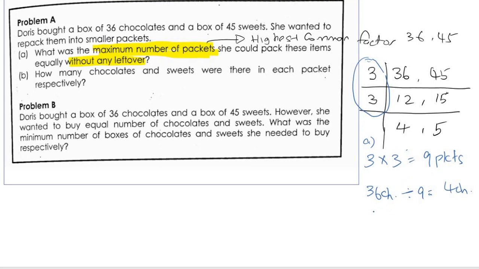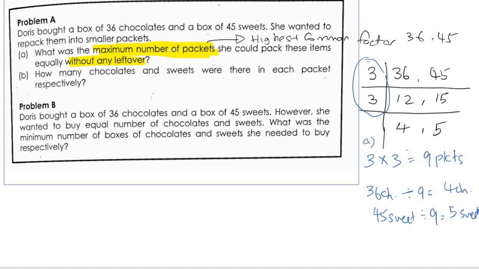Then the other one is 45 sweets. Divide by 9 will be 5 sweets. So one packet will have 4 chocolates and 5 sweets, and there will be 9 packets. That is the maximum number that they can pack, so that there will not be any remaining.